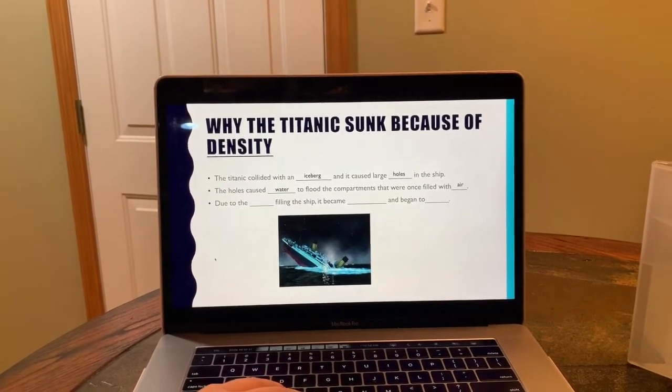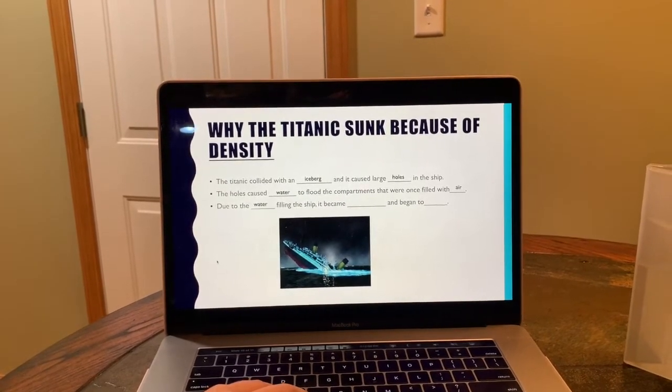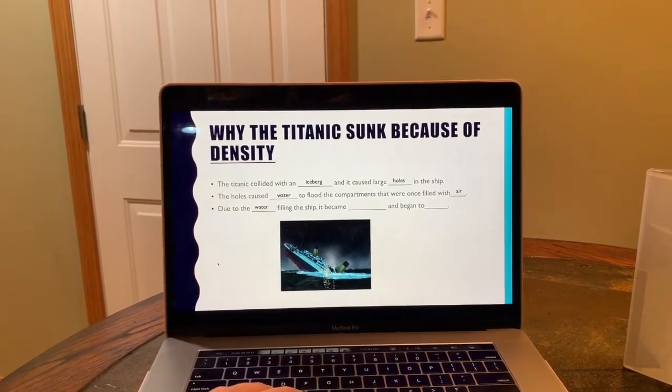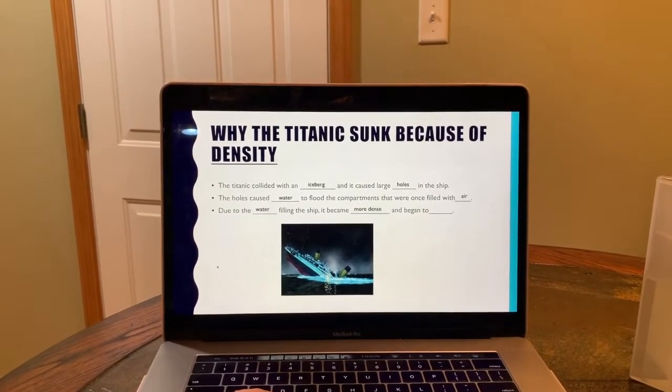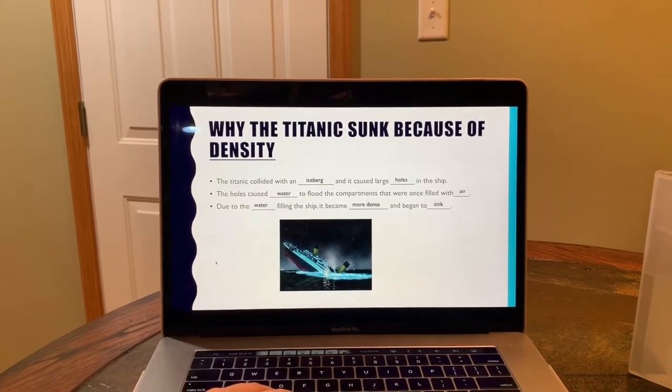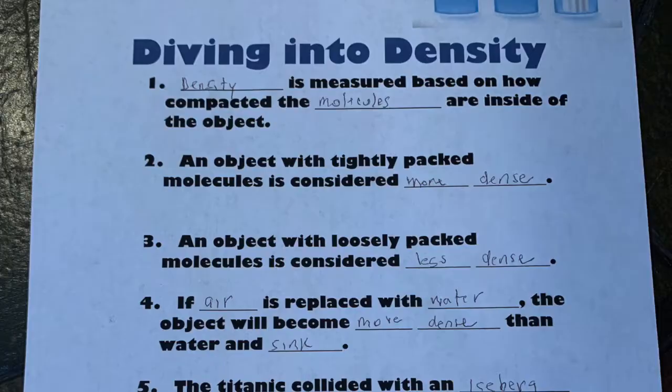Good job. Due to the water filling the ship, it became more dense. Good job. More dense, and began to sink. Good job. So that's what the Titanic has to do with density.